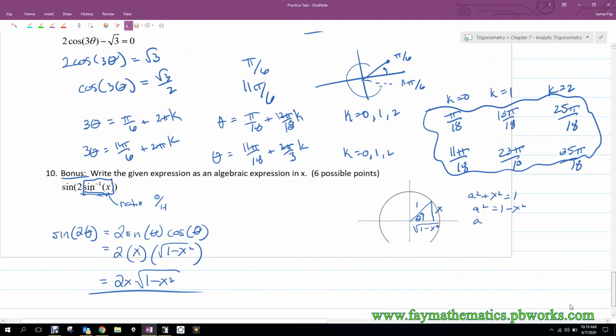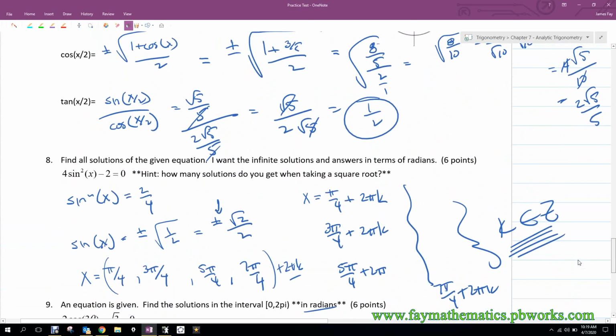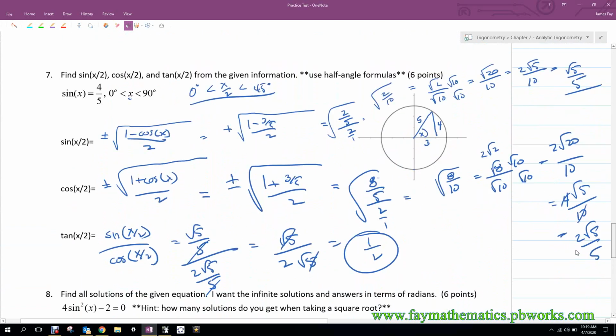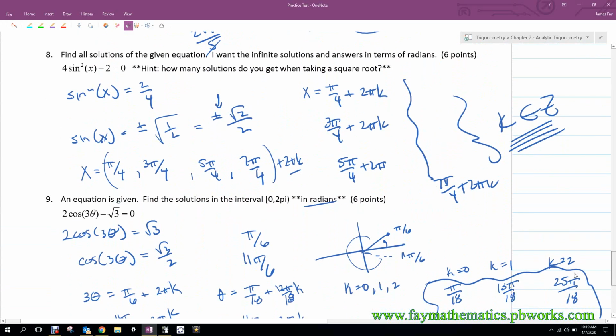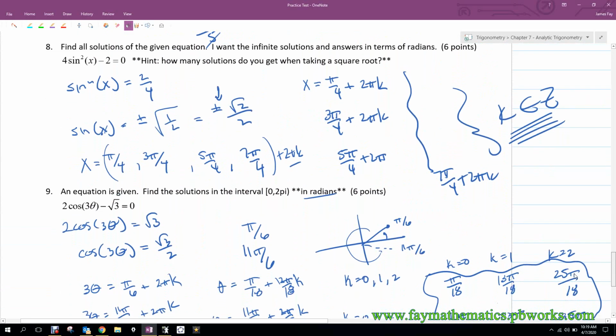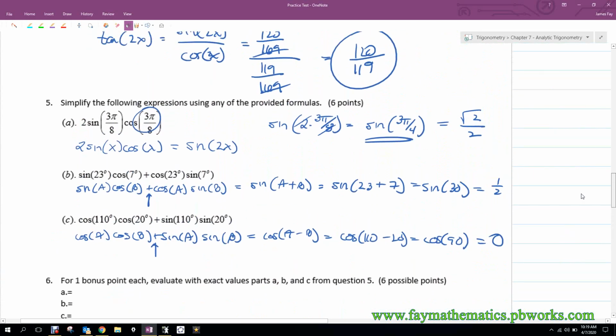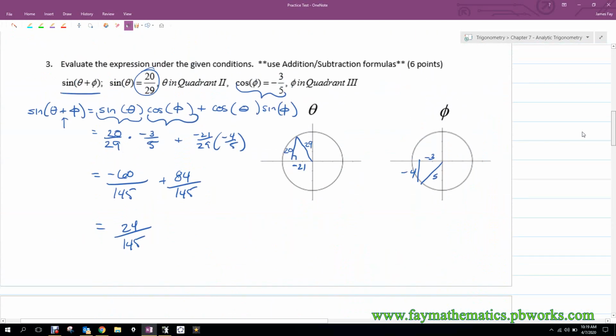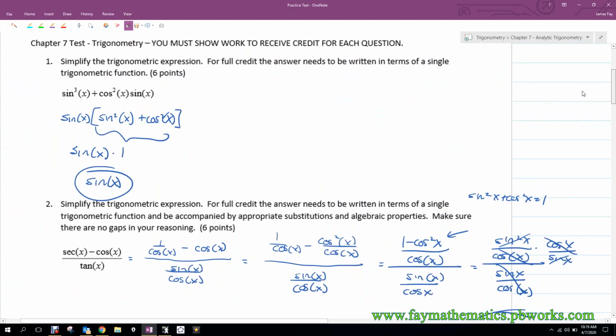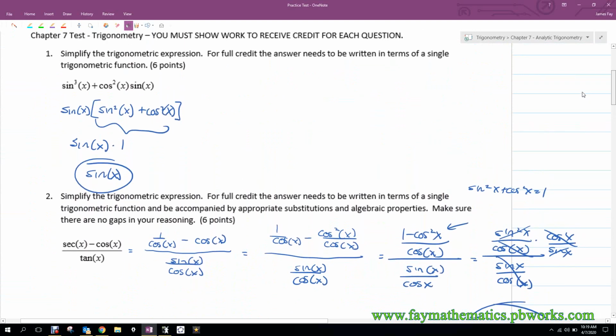I might test you over, instead of giving you just 2 trig equations, I might give you 3 of them. I might give you a couple more of these where we're simplifying trig expressions. Hopefully that's of benefit to you.